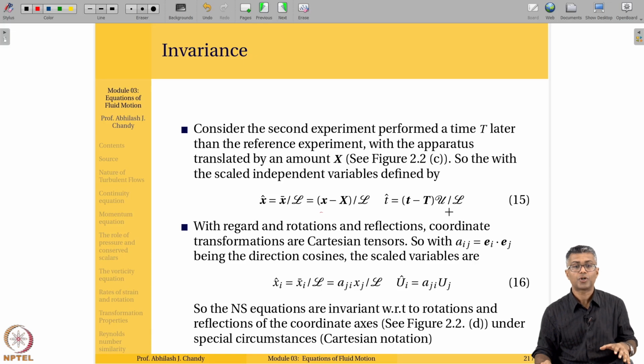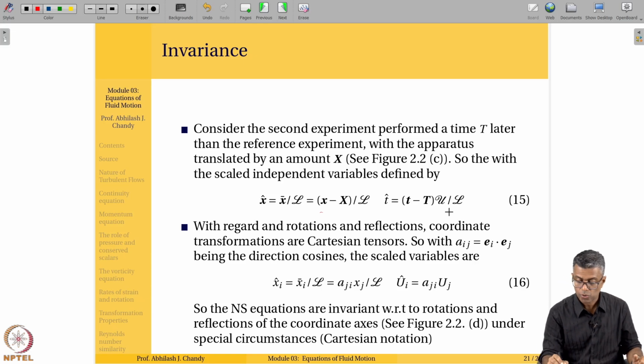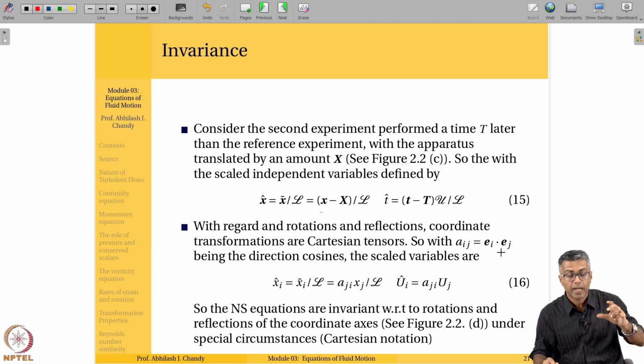Again, with regard to reflections and rotations, coordinate transformations are again Cartesian tensors. So A_ij, which is the transformation tensor, is e_i dot e_j. e_i and e_j are the direction cosines.